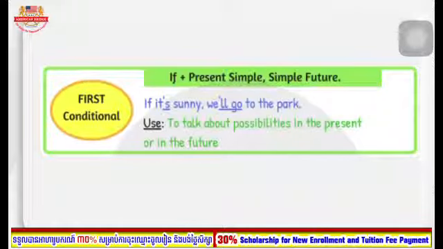If it's sunny, we'll go to the park. This is true, or we can say something will happen in the present or the future. This is when we use first conditional.